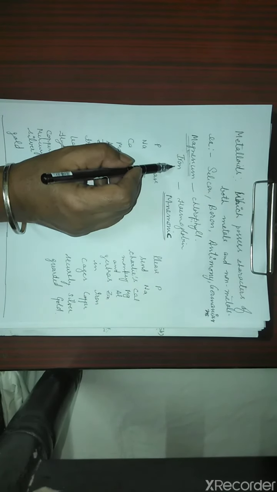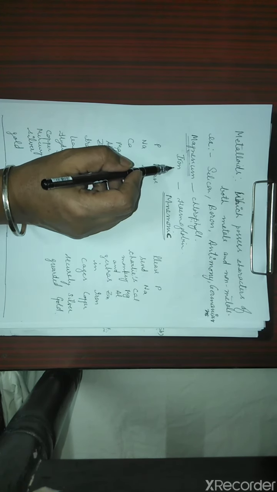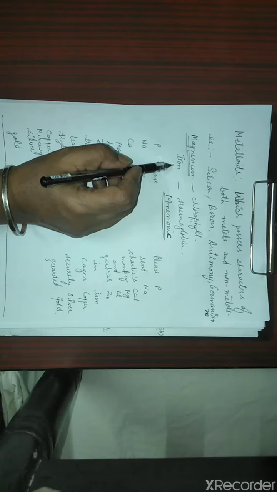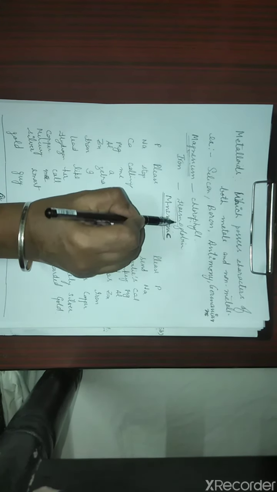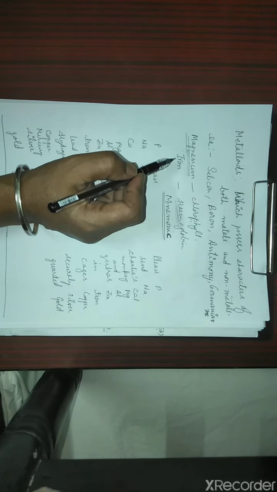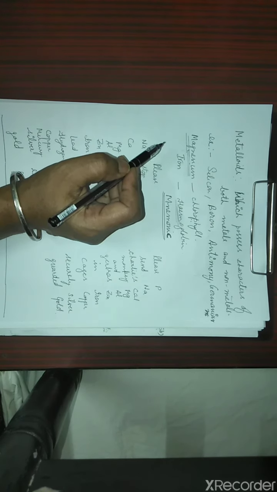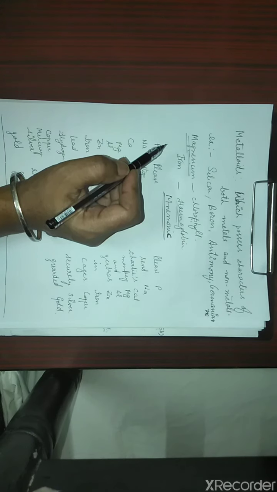Then we have iron. Another question is there, where is iron present in our body? It is present in our blood. Our hemoglobin contains iron. Do you know our body also has many minerals, like bones have calcium, phosphorus.